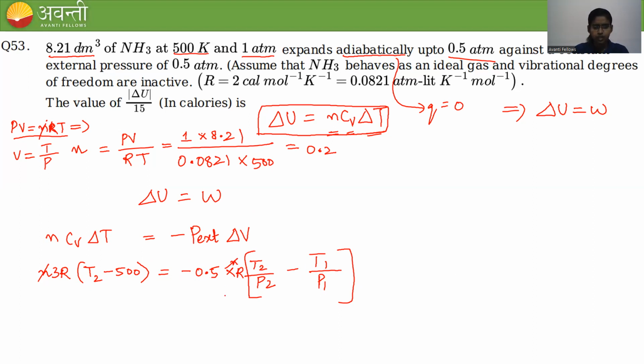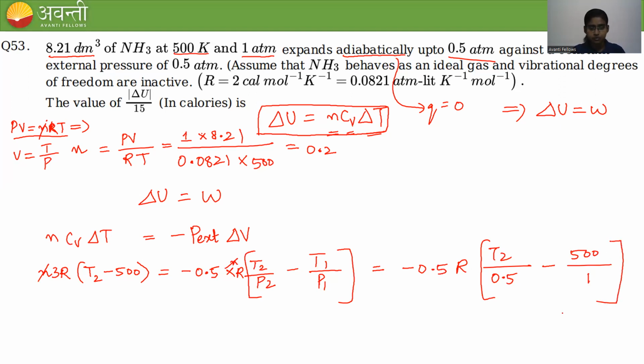We have to take this term here. So it is equal to minus 0.5 R T2 by final pressure 0.5, minus initial temperature 500 divided by 1. This is what we are getting. Okay.